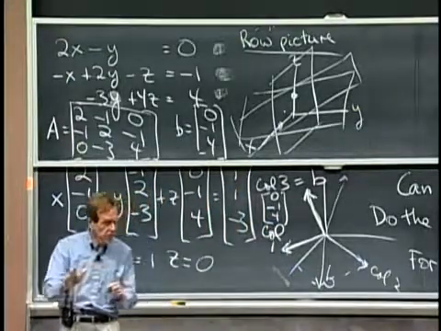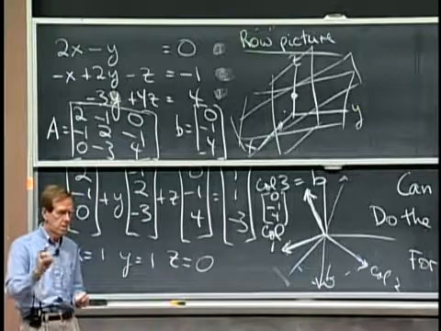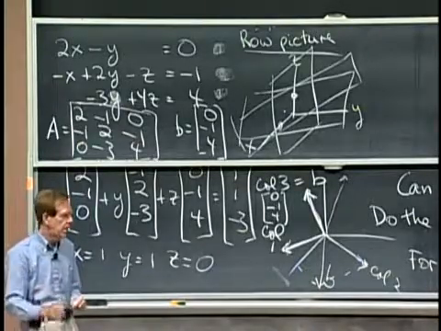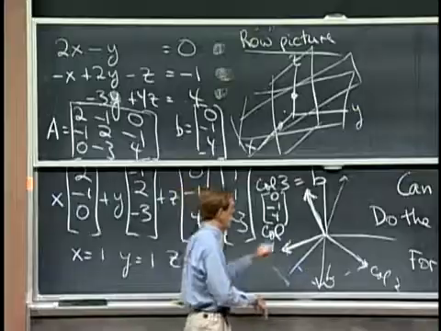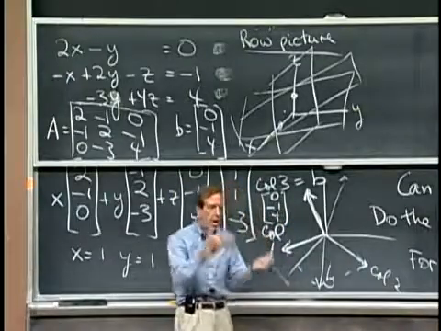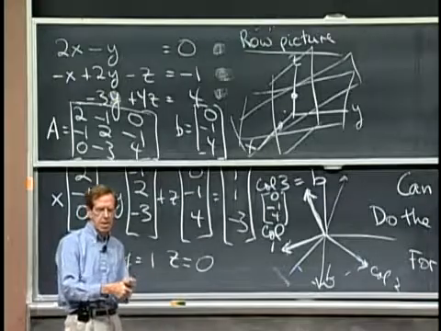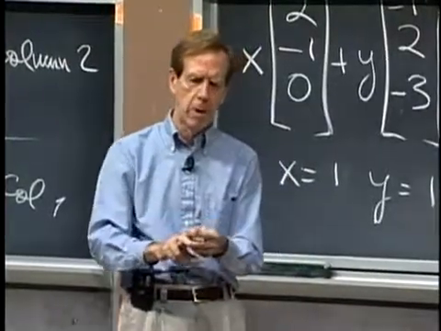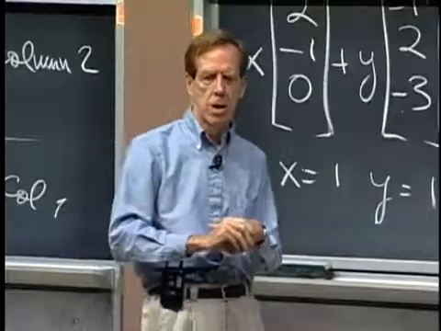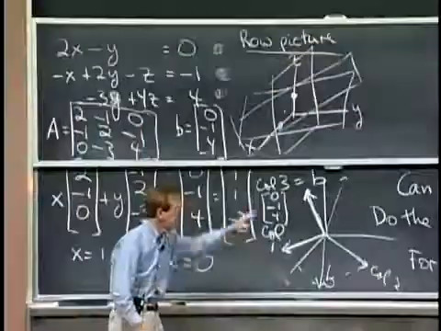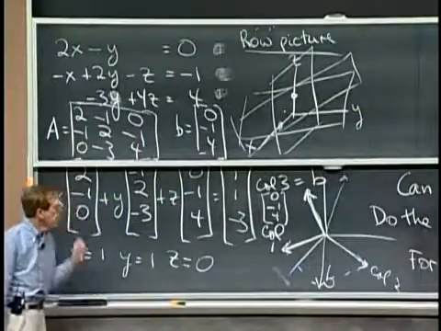So I could solve it for some right-hand sides when b is in the plane, but most right-hand sides would be out of the plane and unreachable. So that would be a singular case. The matrix would not be invertible. There would not be a solution for every b. The answer would become no for that. Okay.